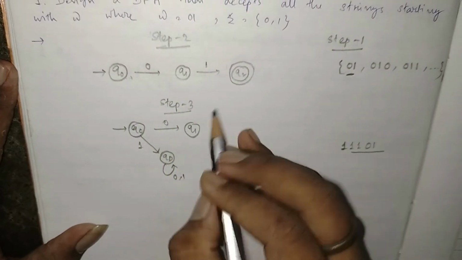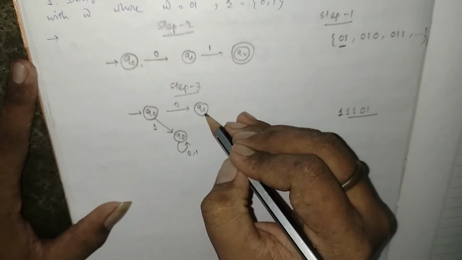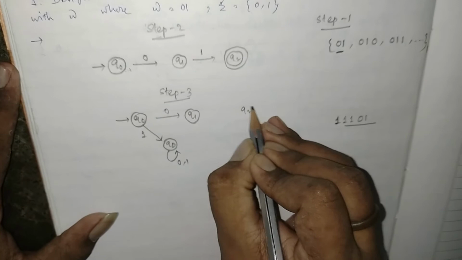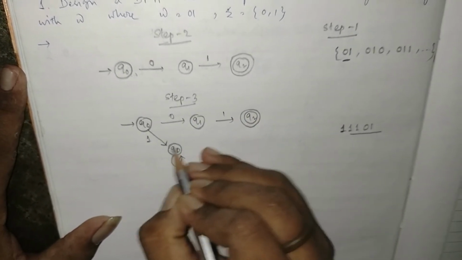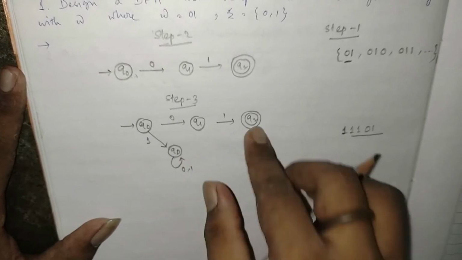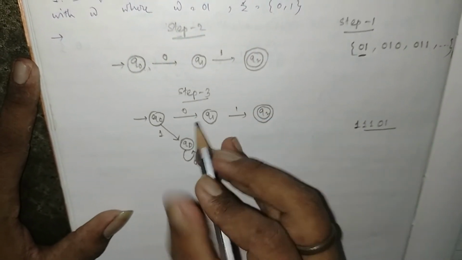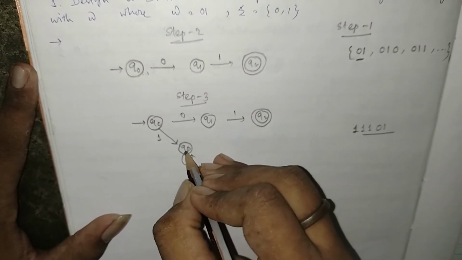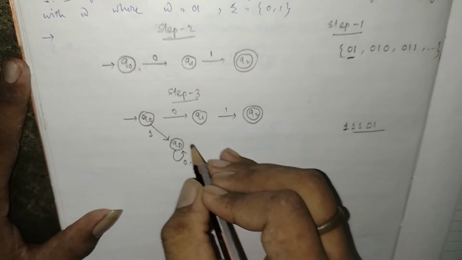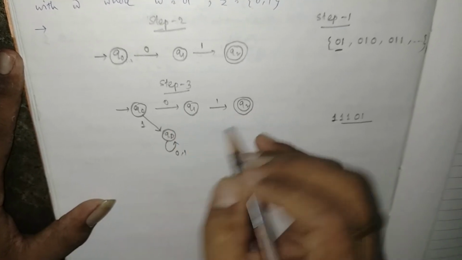So it will not be able to reach Q2 from QD. Q2 is my final state. So from QD this will not be able to reach Q2, and when the string is exhausted, this will remain in this state. As this is not the final state, this string will not be accepted. This is how it works.